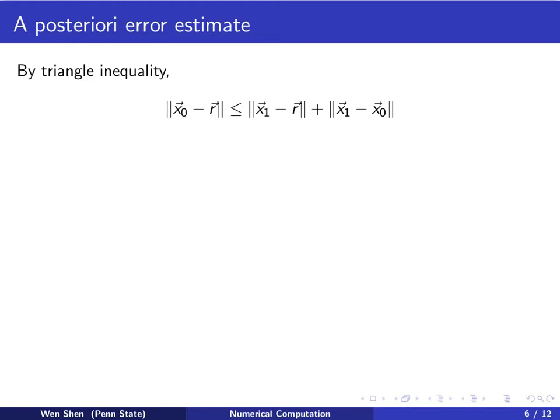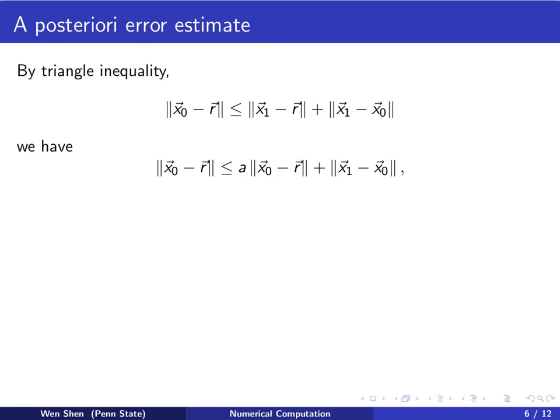We observe that by the triangle inequality, we have the norm of x0 minus r is less than the norm of x1 minus r plus the norm of x1 minus x0. Then, by our previous analysis, we know that the norm of x1 minus r is less than a, the contraction constant, times the norm of x0 minus r.